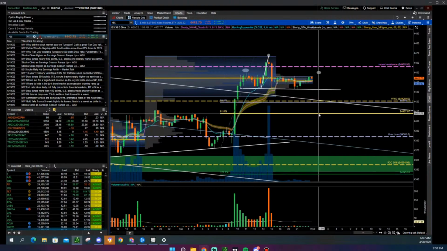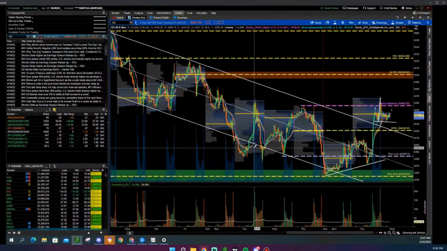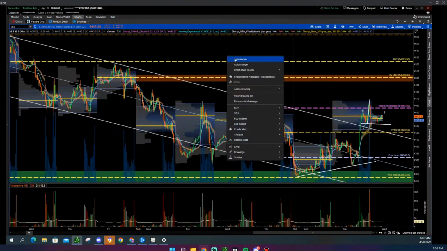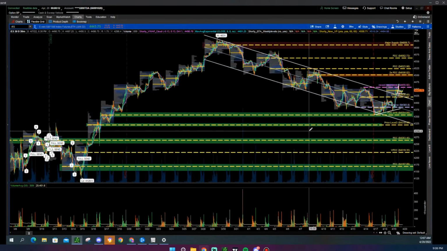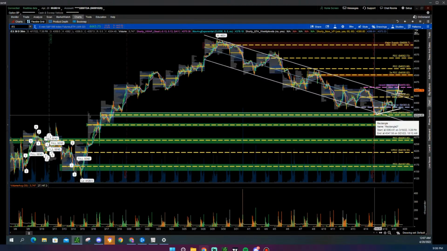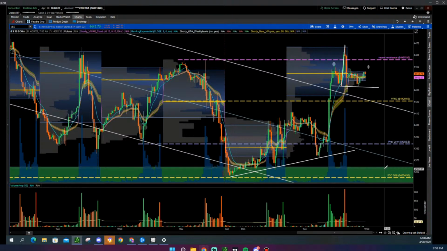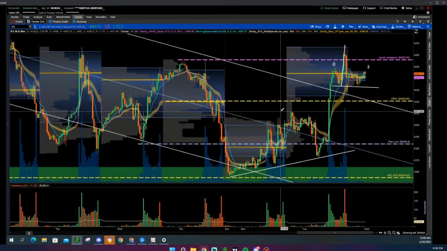That VPOC right there, 44.20. You guys see how we bounced here, to a penny? POC. This was a breakout level and it's T-shaped.